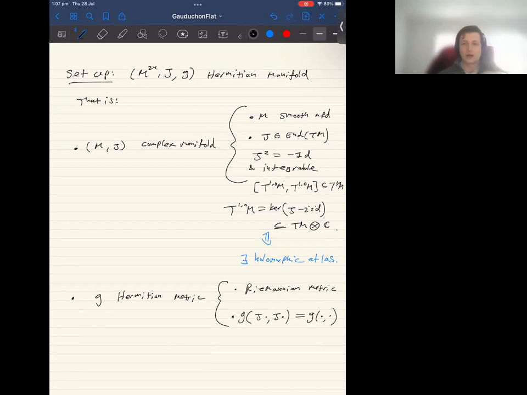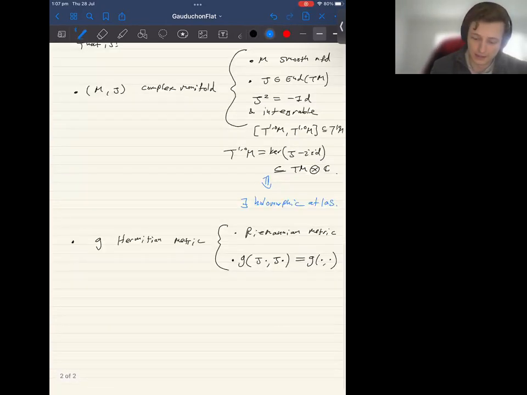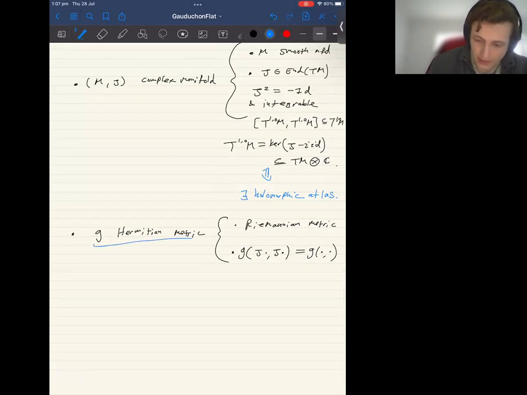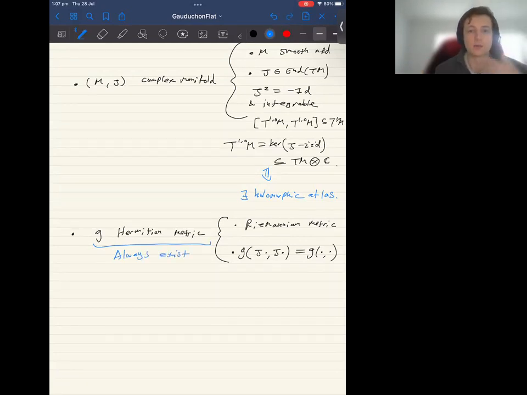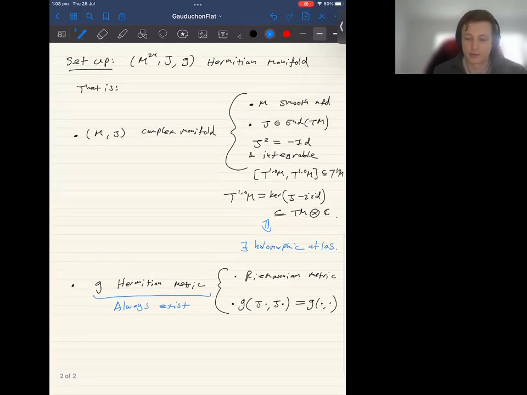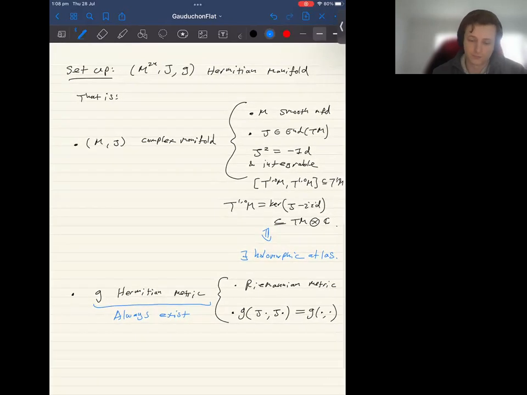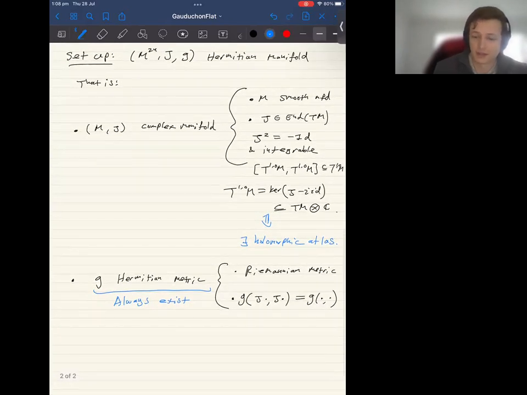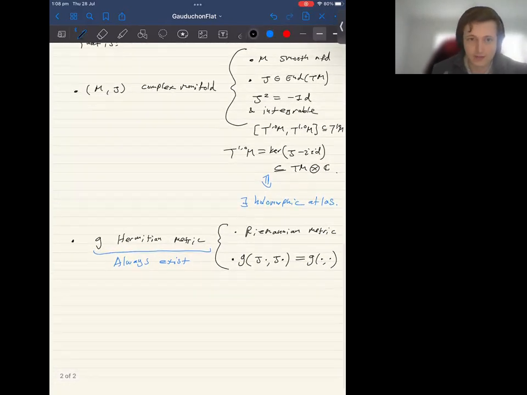Okay, so we want multiplying by i to not change lengths or angles of vectors. One point I want to make is that these always exist on a given complex manifold. You do some argument with a partition of unity, and you can construct a Hermitian metric on your complex manifold. So it's nice to have that to be able to study these things.